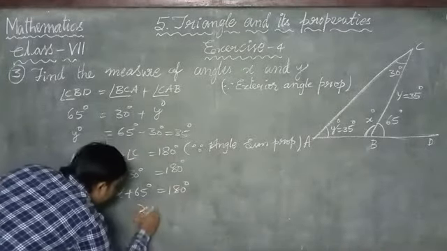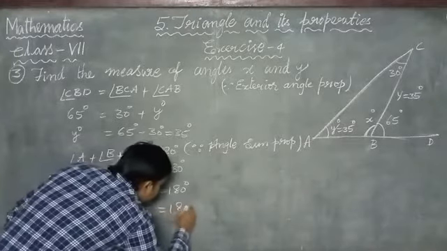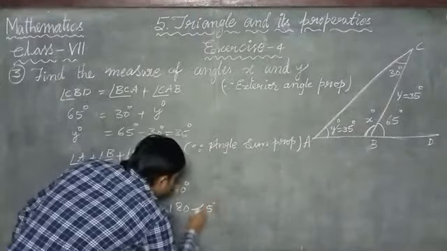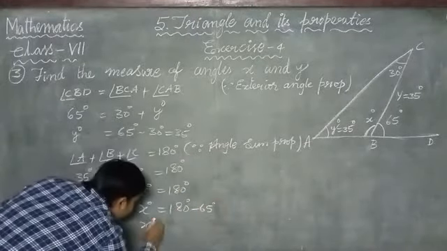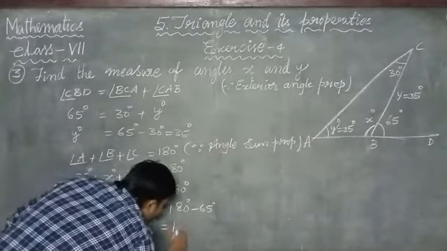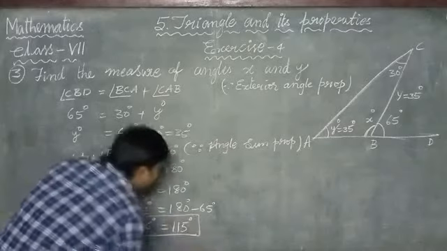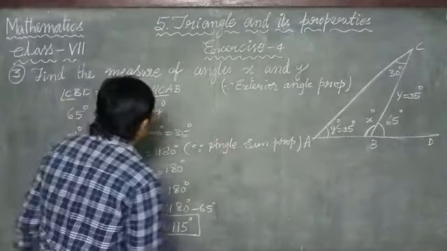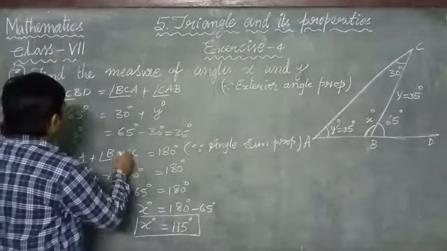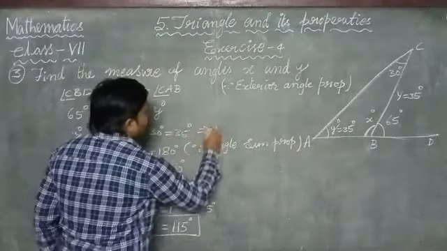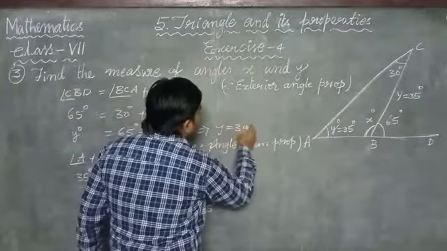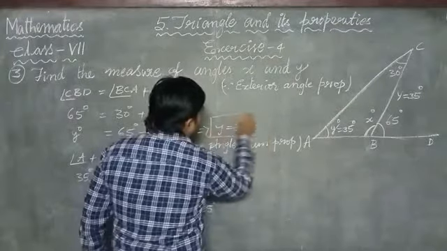Then x equals 180 minus 65 degrees. Here x equals 115 degrees.